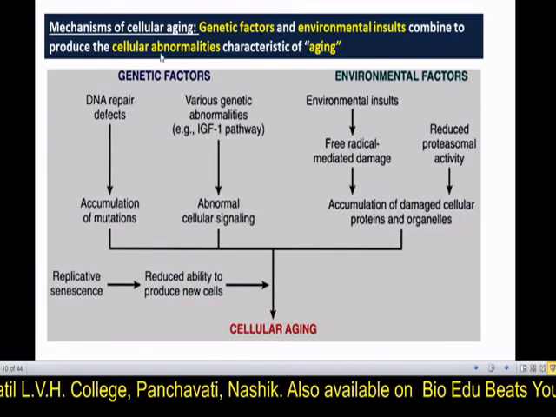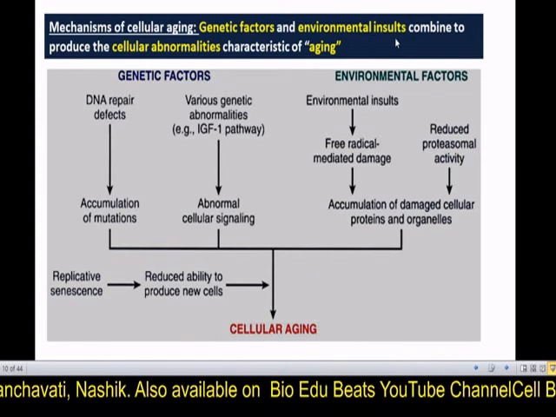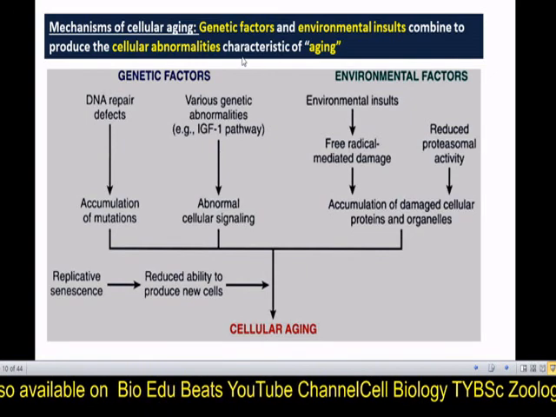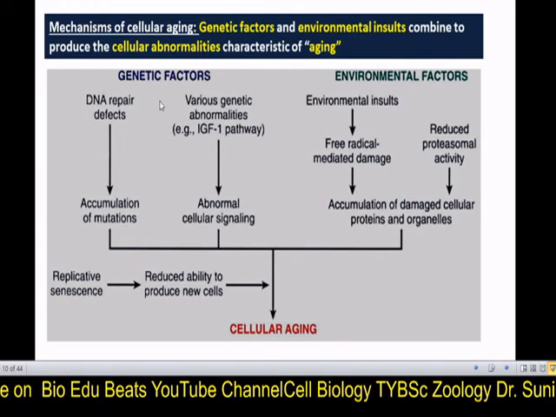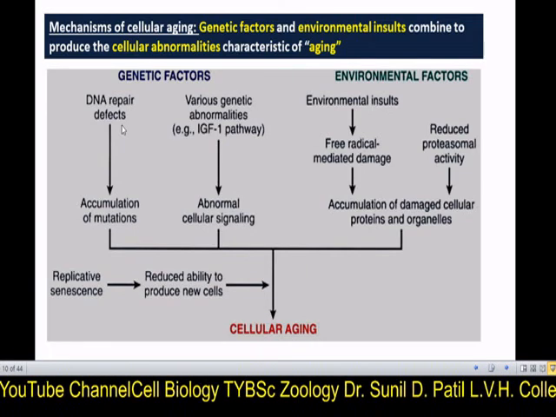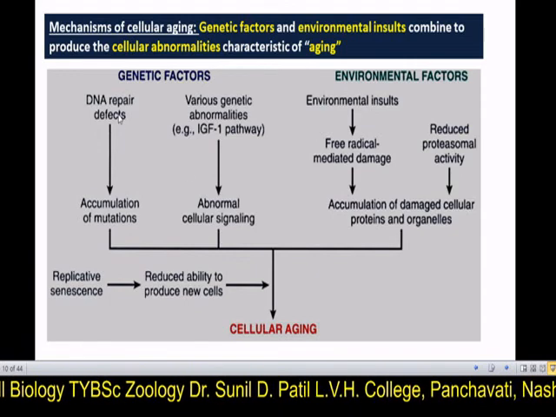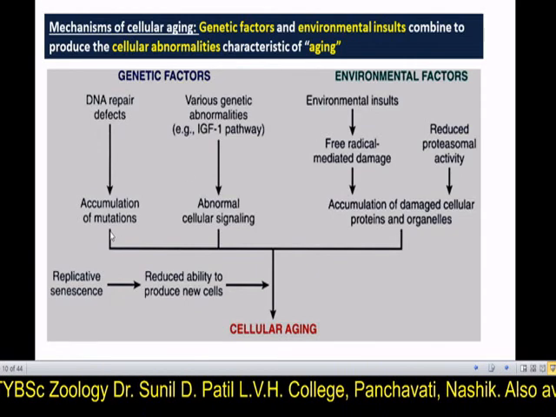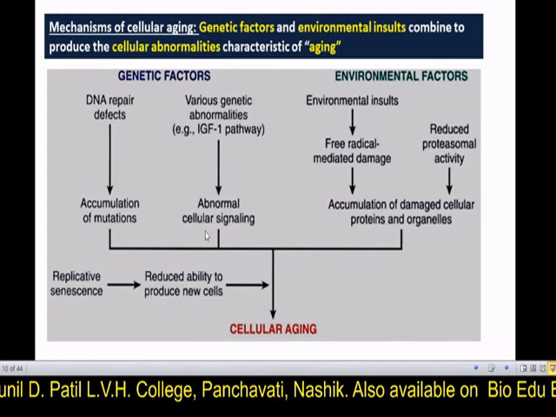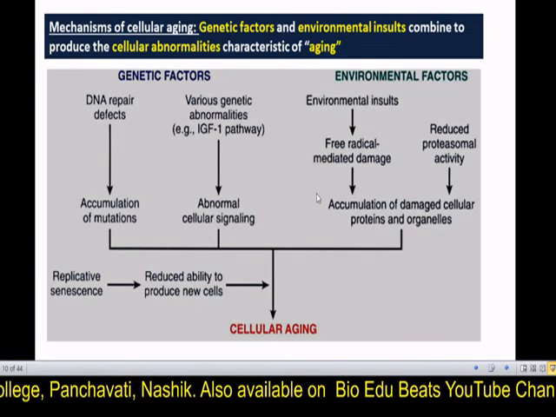So, mechanism of cellular aging: genetic factors and environmental insults or environmental factors combine to produce the cellular abnormalities, which is characterized as aging. So genetic factor and environmental factor. Genetic factors: DNA repair defects, then various genomic abnormalities like the IGF-1 pathway. The DNA repair defect causes the accumulation of mutations in the DNA, and genetic abnormalities are mainly in the cellular signaling; they are abnormal and contribute to aging.